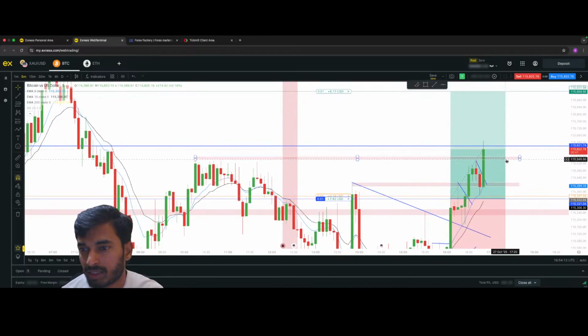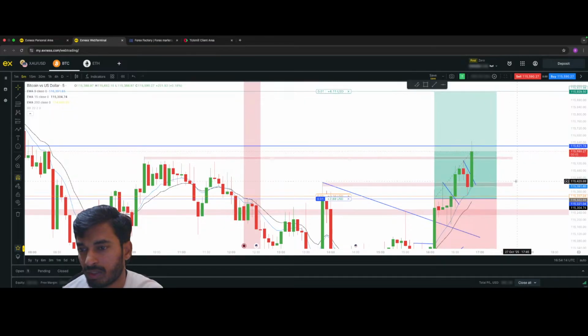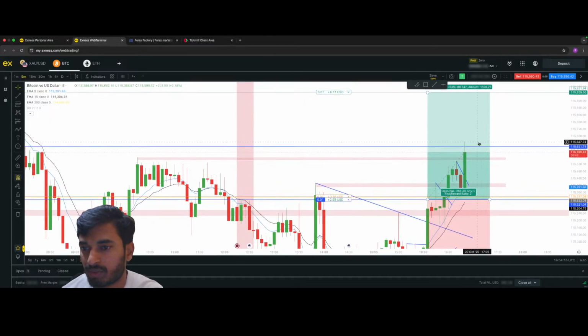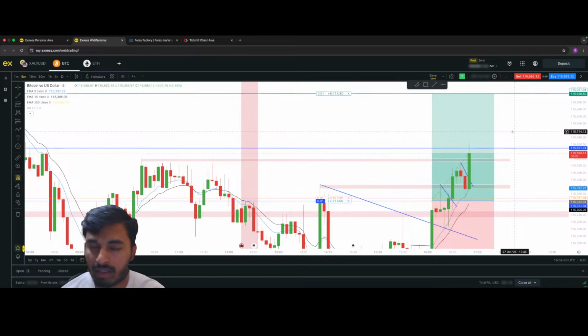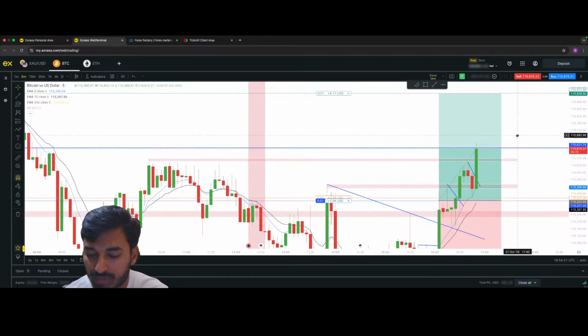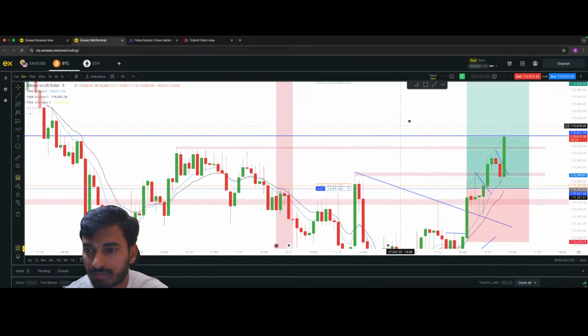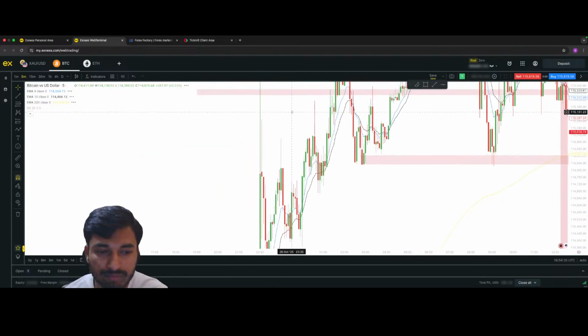Still 49 seconds. If it closes above this, then again aggressive buying may come. If there is any event like this, within the blink of an eye, the market may go around 500 to 1000 points within a minute. I can show you here.